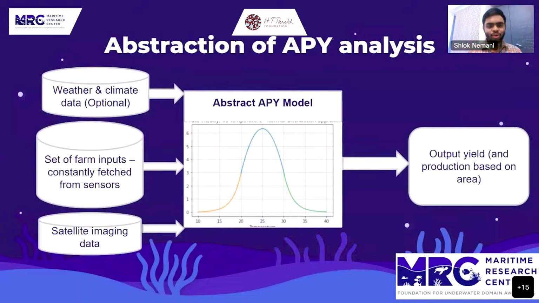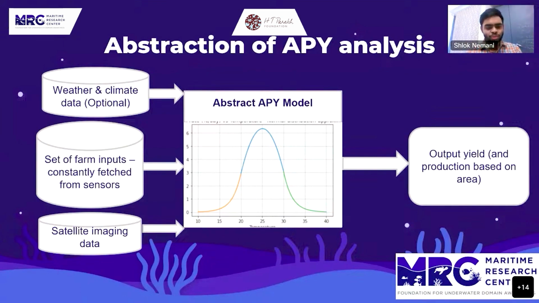So this is the abstract model of what the APY analysis does. It is nothing but a non-linear input-to-output n-cross-one dimensional map, where n means the number of farm inputs including all these parameters, and the one means the output yield parameter. This non-linear map was generated using probabilistic and statistical modeling. We are also looking at integrating some state-of-the-art architectures that can help us improve it.